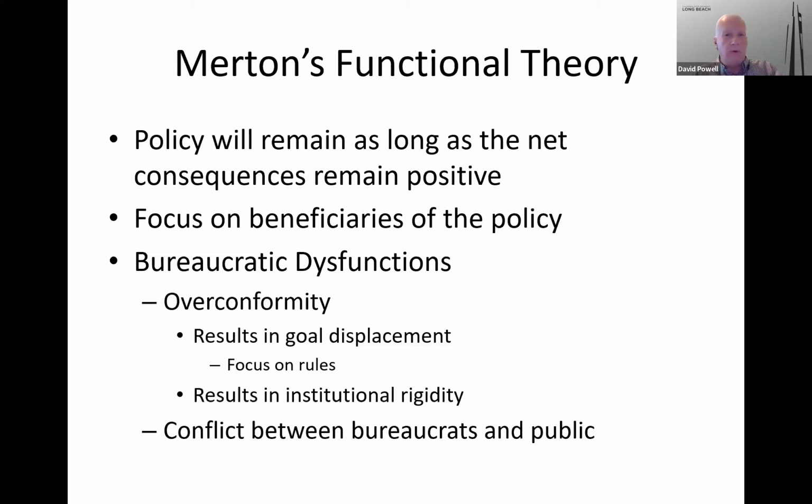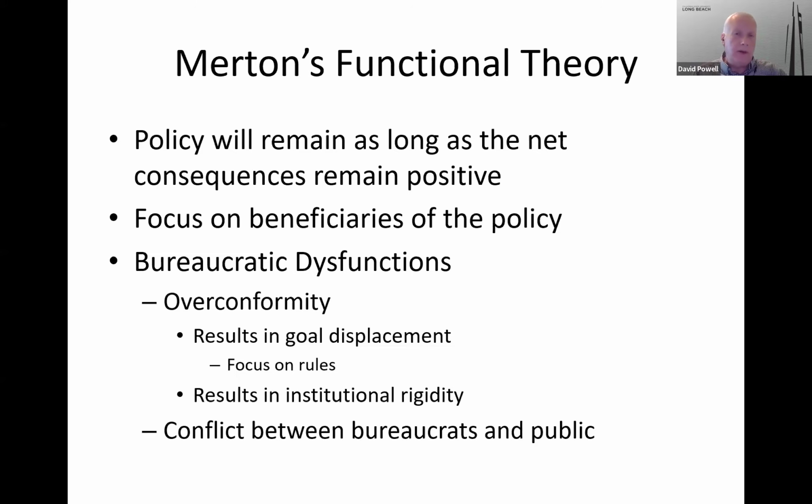And so we actually saw Robert Merton in practice in the 1990s throughout this entire national performance review and reinvention of the federal government. So Merton is very useful to us because, again, he pulls us away from a natural approach and pulls us more toward open systems theory.